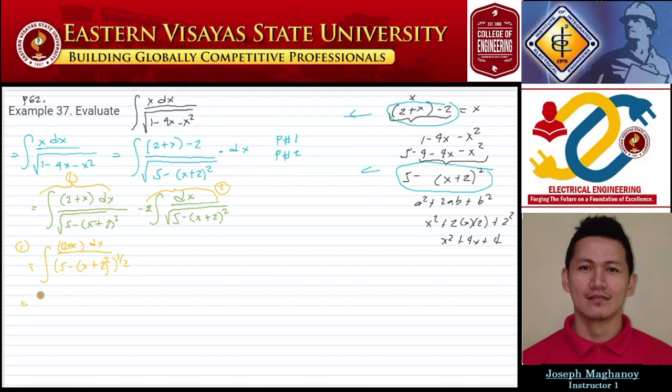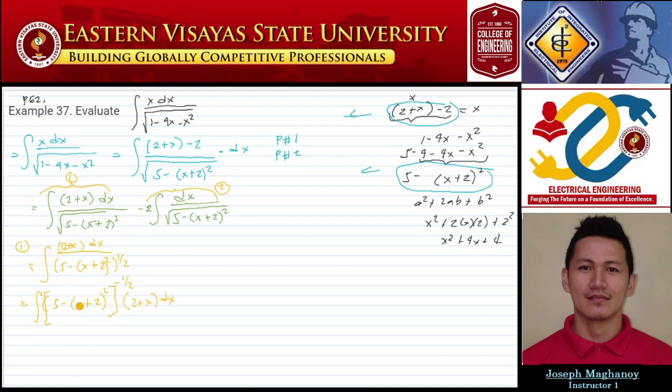By removing the fraction, it becomes quantity 5 minus x plus 2 squared raised to negative 1/2, from the denominator going up to remove the fraction form, so that's negative 1/2. On this side we still have 2 plus x dx.